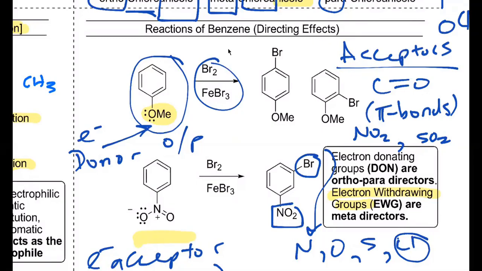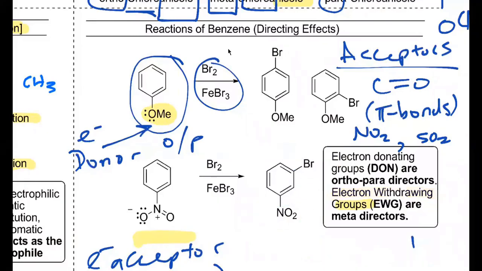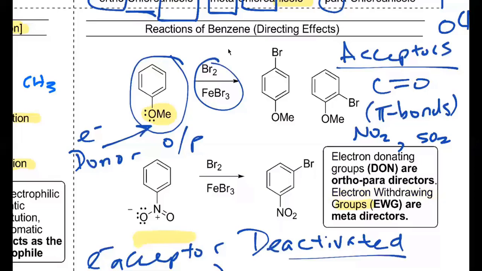All right. And so when you put an acceptor on the ring, what we say is that the ring is deactivated. Right. And when you put a donor on the ring, we say the ring is activated. And this is for electrophilic aromatic substitution.